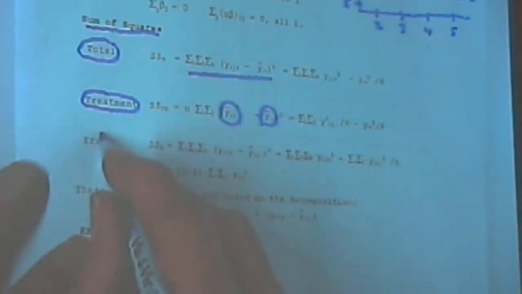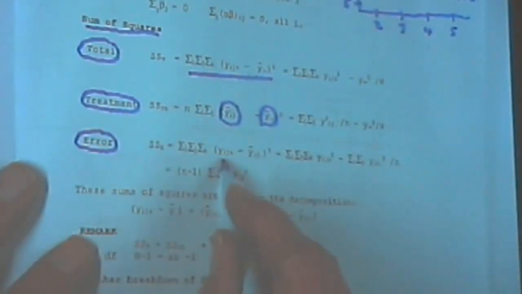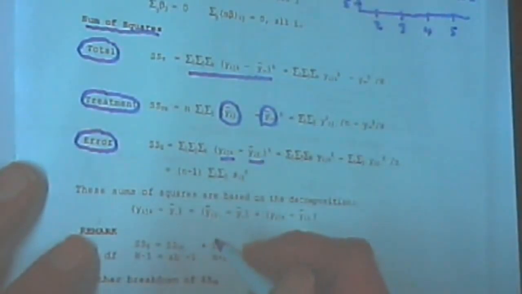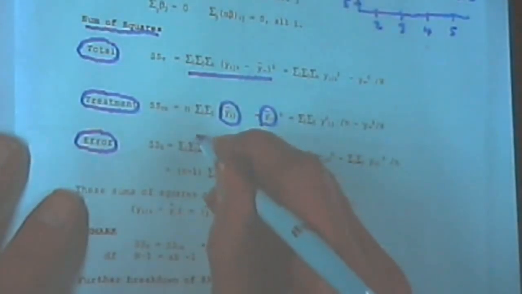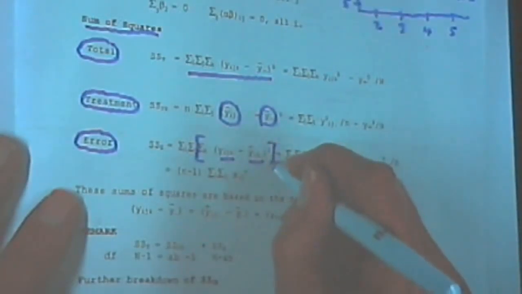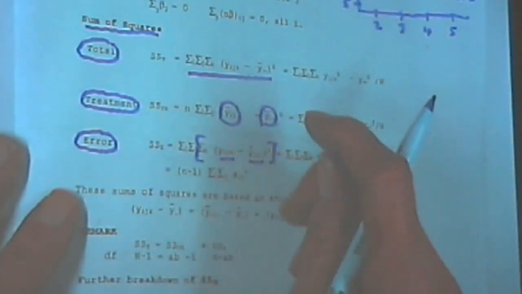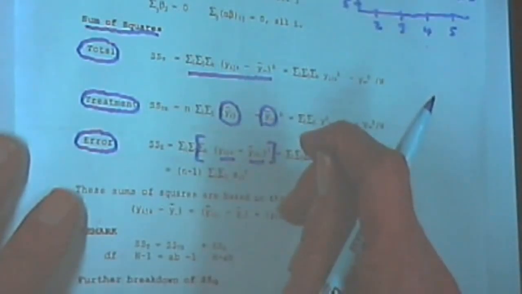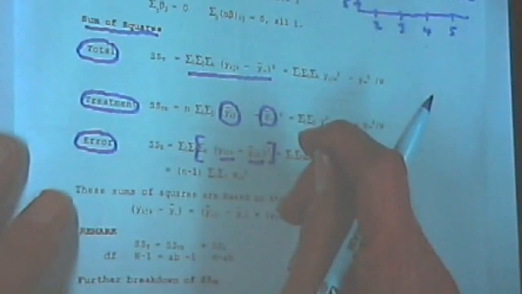Then we have a sum of squares error, which is fundamentally what's left over. So here we take yijk, that's an observation, kth observation in the ith row jth column, and the difference to the mean in the ith row jth column. We square those and add them up. Well, the key thing here is to notice that this inner sum on k, if you fix i, a row, fix j, a column, is basically the sample variance of the data in that cell.